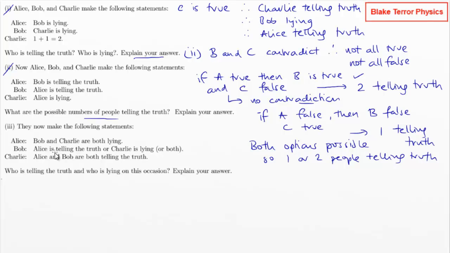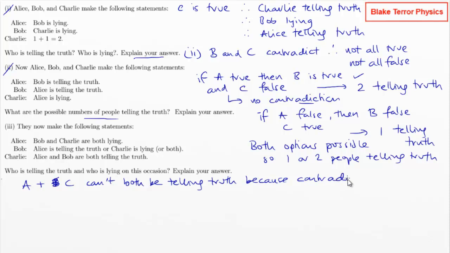Alice is saying that Bob is lying. Charlie is saying that Bob is telling the truth. So A and C can't both be telling the truth because they contradict about B. So that's a good start.